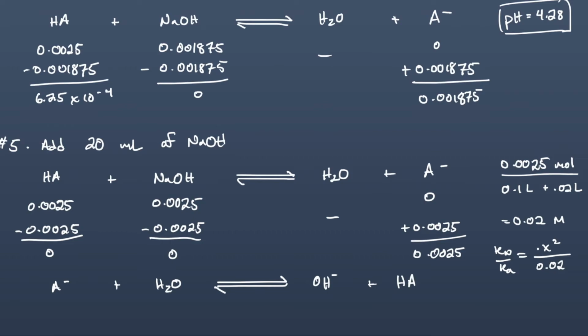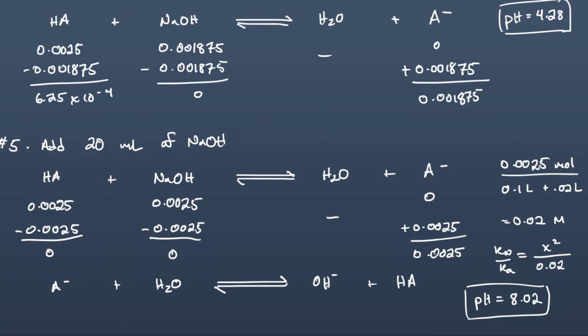And when we solve for x, we get an OH concentration. Then we have to subtract that from our pH. I'm skipping a lot of steps here again, but hopefully I'm skipping the steps that you will be able to do on your own. What we get is that the pH is equal to 8.02. That is our next y coordinate.